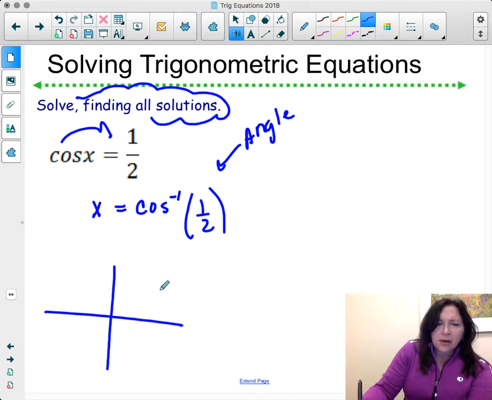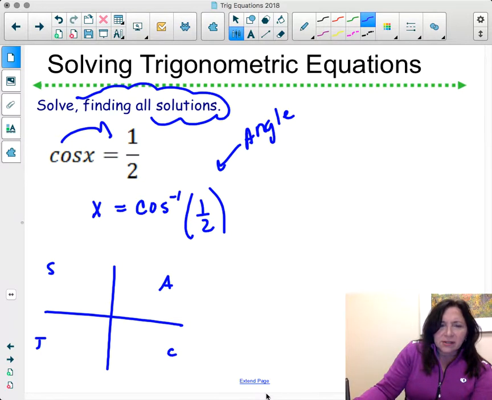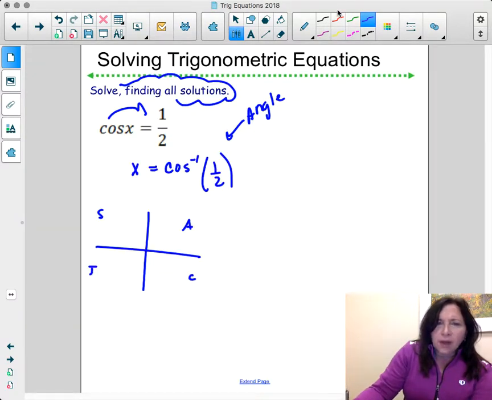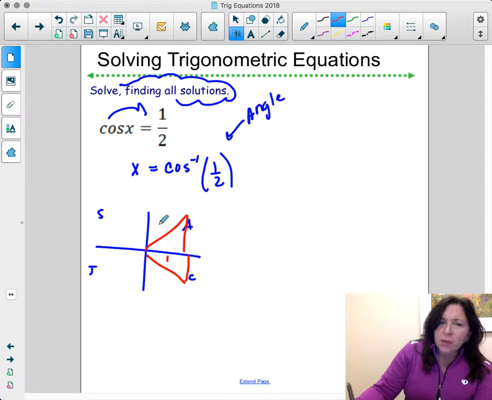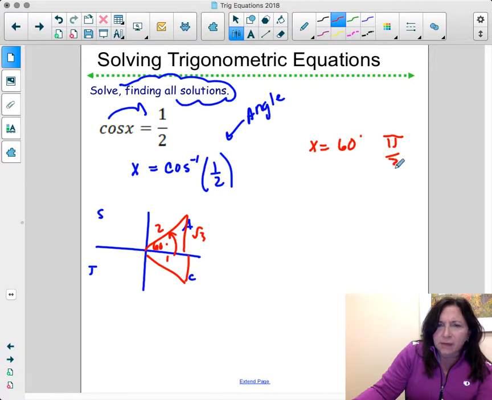If you remember this mnemonic, all students take calculus, we know that cosine is positive in this quadrant here and in this quadrant here. It being 1/2, adjacent over hypotenuse, this being root 3, where are we? This means we are at a 60-degree reference angle. So x is equal to 60 degrees, or you could say pi over 3.